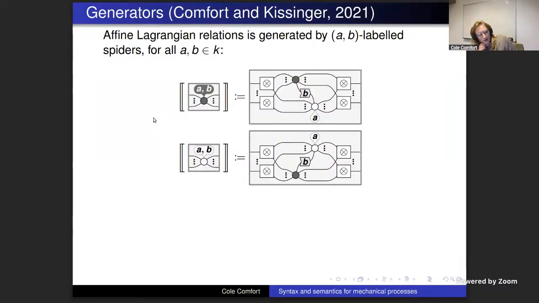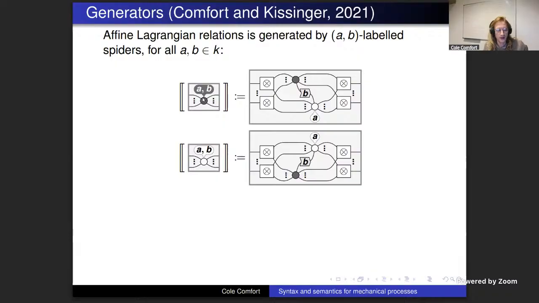So during my PhD with my supervisor, Alex, we gave generators for this category of affine Lagrangian relations over any field. So the diagrams on the right are these string diagrams for affine relations, which I was drawing earlier, and the generators on the left. So you have, again, two spiders, but now there's more of these phase labels.